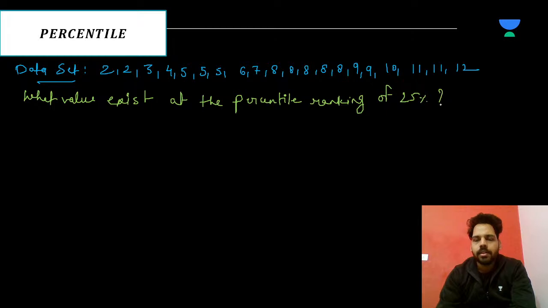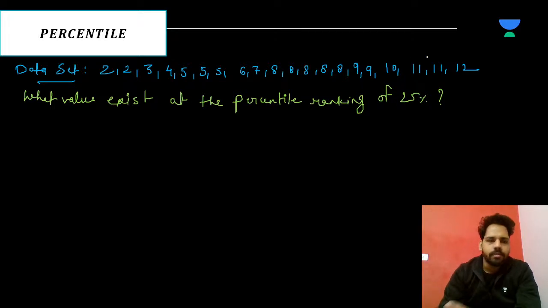That means which number out of these is at the place of 25% percentile ranking. Understand? If I have to find it, first of all I'll calculate the number. How many numbers are here? They are already written in increasing order. So I'll count them: 1, 2, 3, 4, 5, 6, 7, 8, 9, 10, 11, 12, 13, 14, 15, 16, 17, 18, 19, 20. The total numbers are 20.